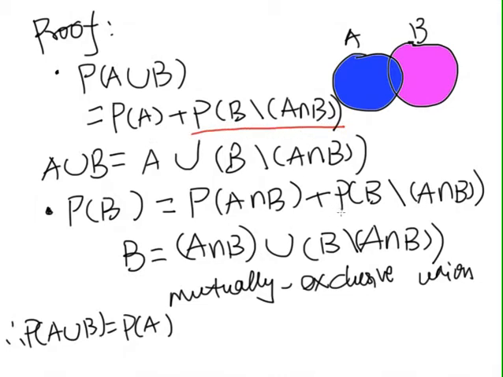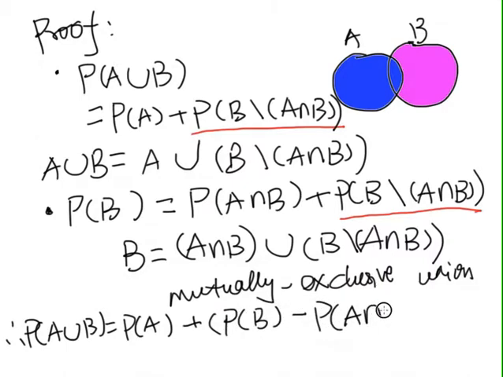But from the second identity, we know this is equal to probability of B minus probability of A intersection B. So that's the end of the proof.